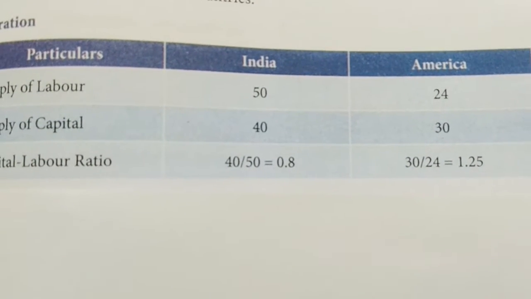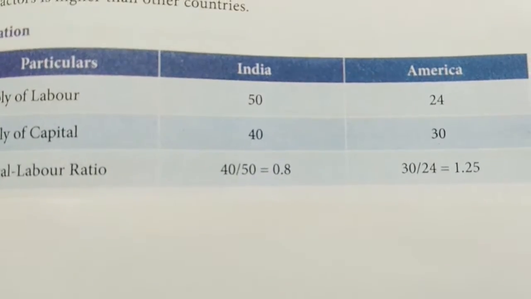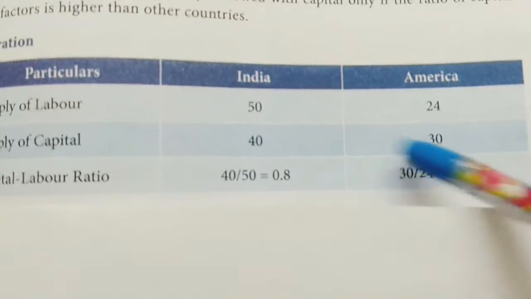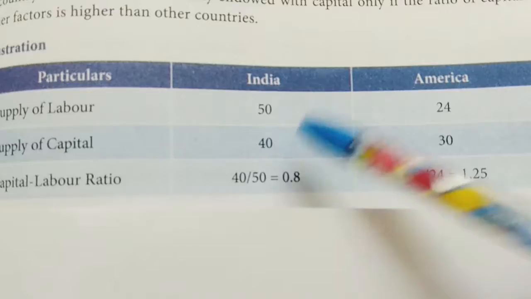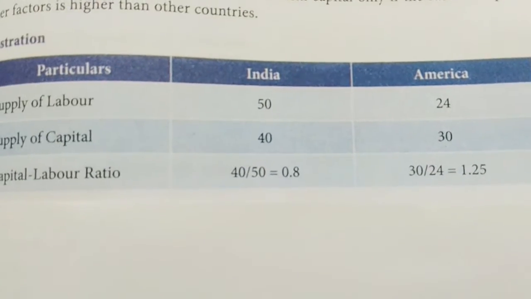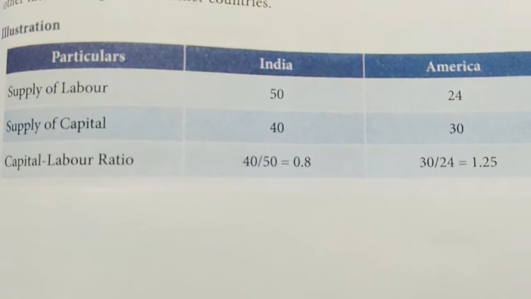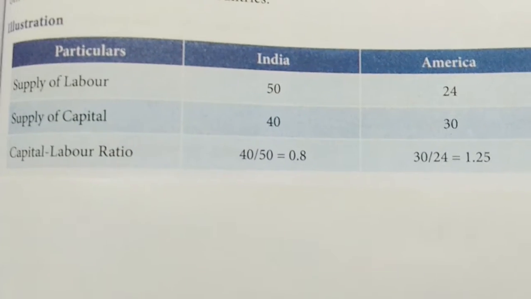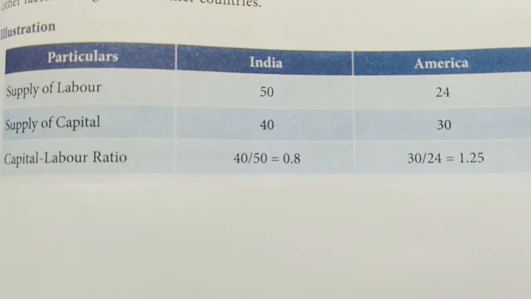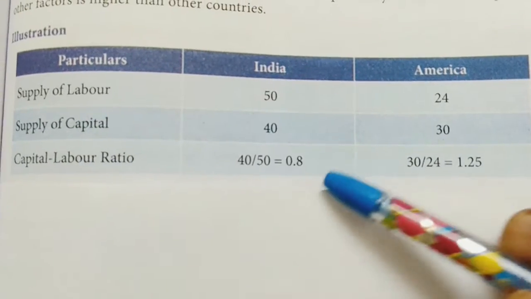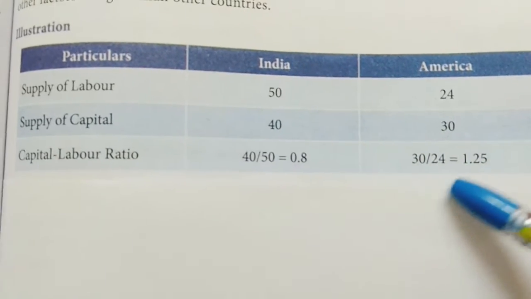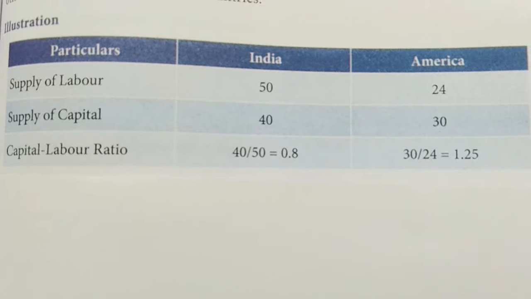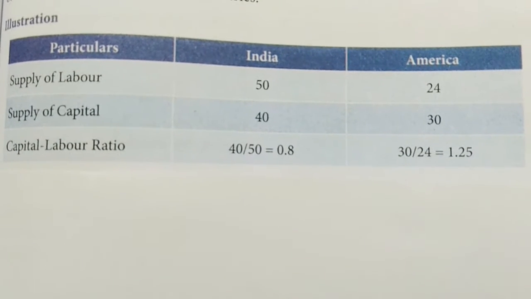See, even though India has more capital in absolute terms compared to America, America is more richly endowed with capital because the ratio of capital in India is 0.8, which is less than that in America, which is 1.25.